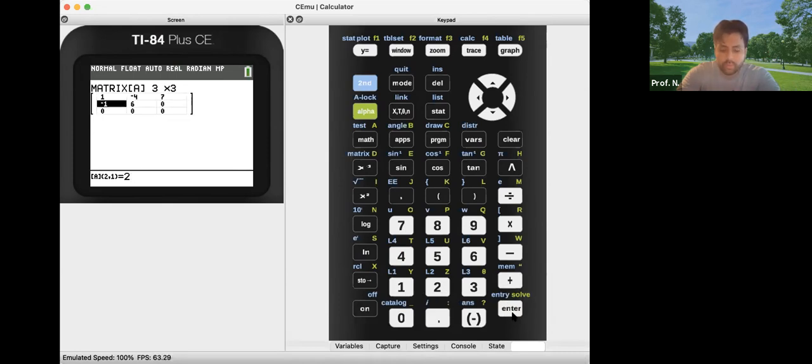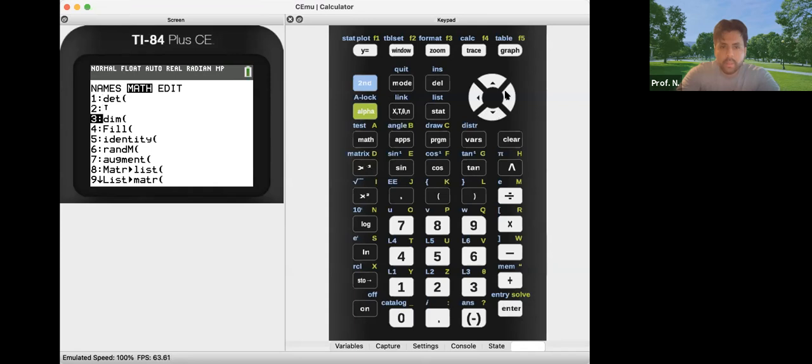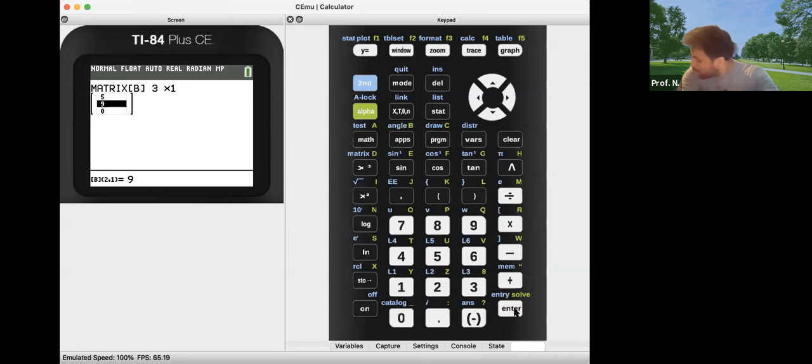My second row is 2, 5, -8, and then 3, 6, 9. Then in my second matrix, my B, I'm going to make a 3x1 column vector, and it will be 5, -12, 3.